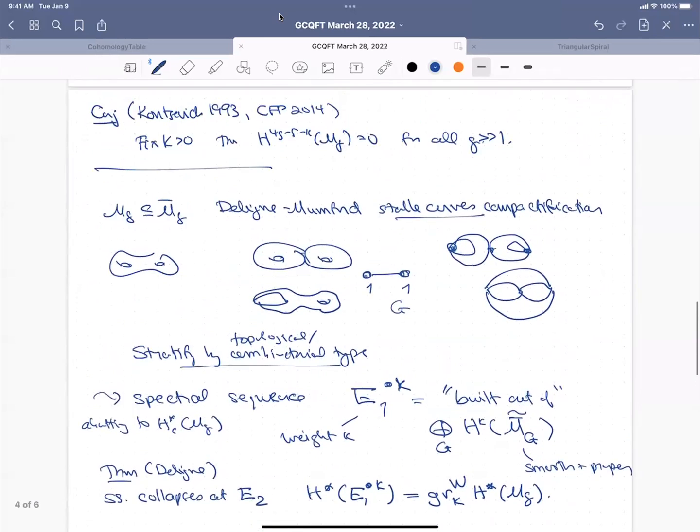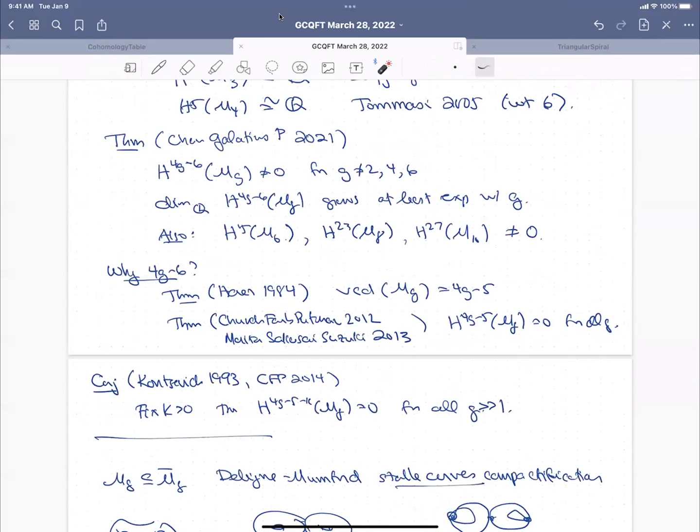And these are the first two examples in that sequence. So 4 times 6 minus 9 is 15, 4 times 8 minus 9 is 23. So those things that were found just by experimental computation with graph complexes are the first in an infinite series.